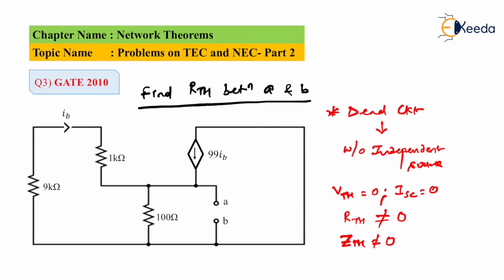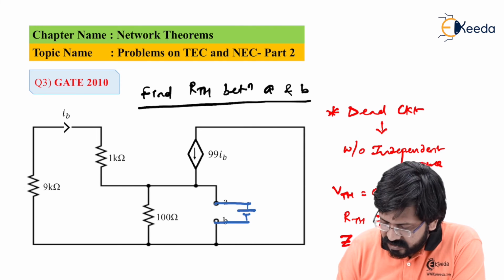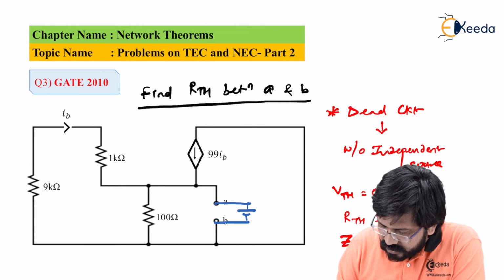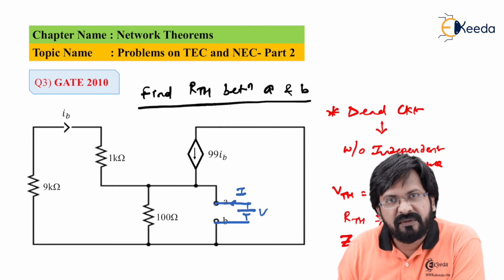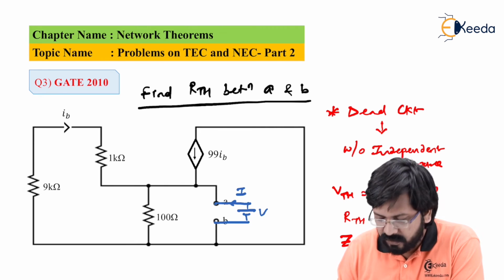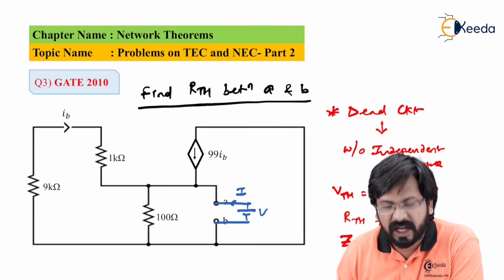So what we do is, with these 2 points, A and B, we connect an extra voltage source here. Let us assume this voltage as V. Let us assume it is supplying current, let's say I.